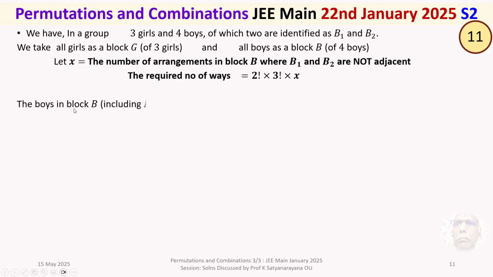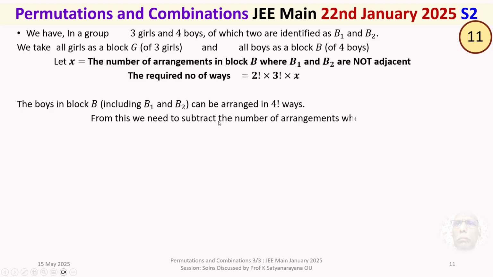The boys in block B, there are 4 boys in the block B, including those 2 particular boys B1 and B2, can be arranged in 4 factorial ways. From this, we need to subtract the number of arrangements where B1 and B2 are adjacent. We take B1 and B2 as a single block.